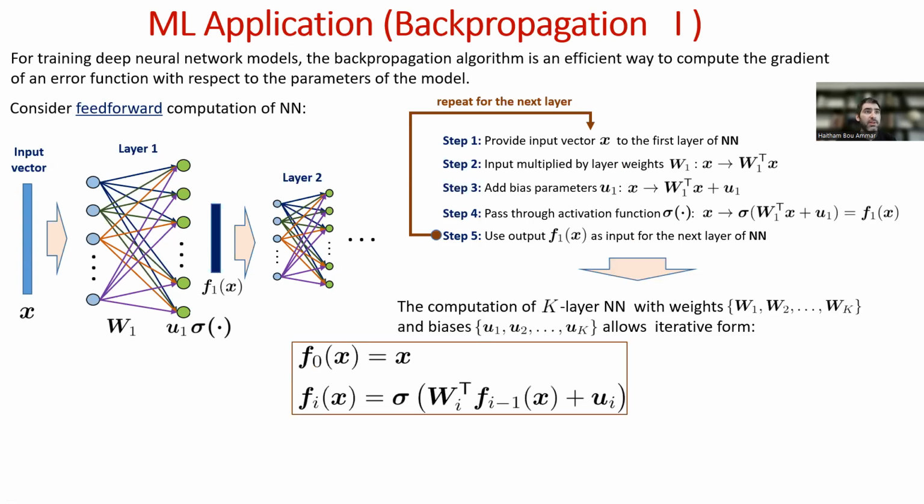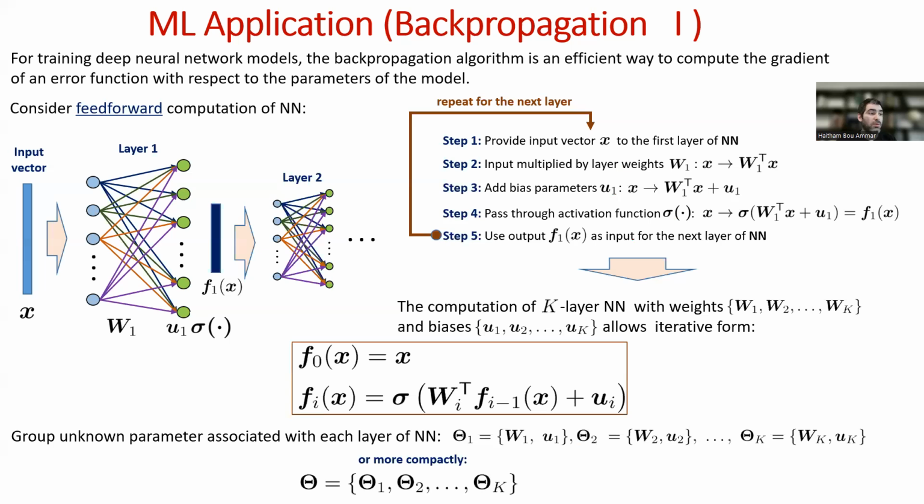So what we have in a nutshell is a recursive procedure that allows you to construct a sequence of vectors, starting with f0 of x, which is the input itself, and then each subsequent output fi of x is nothing but the activation function applied to this expression that uses the input to that layer, which is the output of the previous layer. So we have this recursive expression that basically guides the feed-forward computation of the neural network.